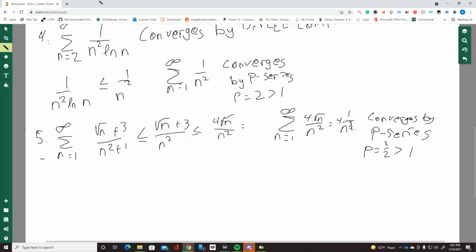Now because the 4 root n over n squared is bigger than this and bigger than that, our original series, we can safely conclude that this converges by direct comparison.